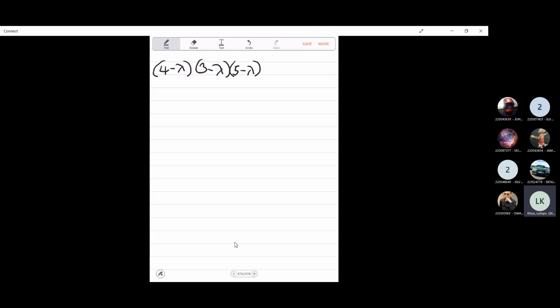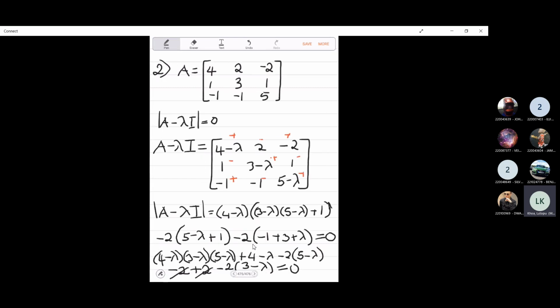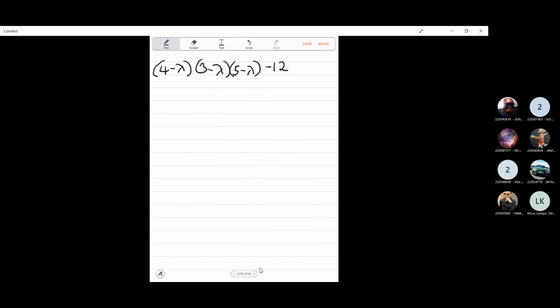Then we have minus 12. Then look at all our lambdas. I have minus lambda here, and then plus 2 lambda, and then plus 2 lambda. This gives me 3 lambda. This is equal to 0.